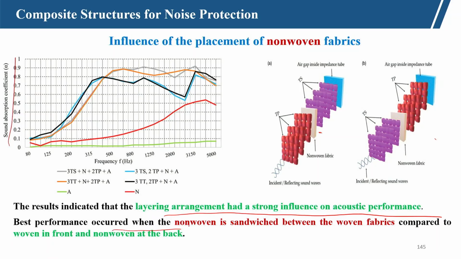Best performance occurs when the non-woven is sandwiched between the woven fabrics, compared to the woven fabrics in front and in the back.